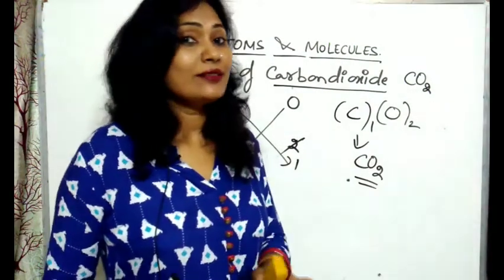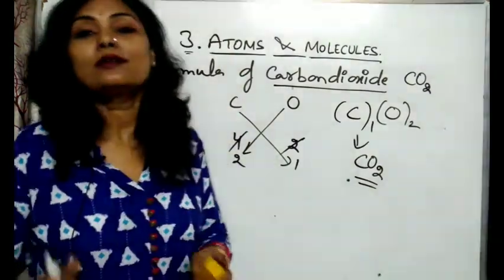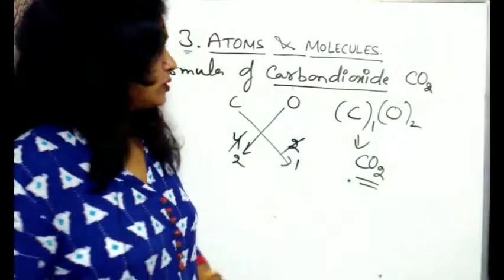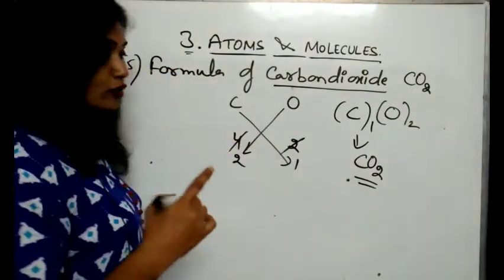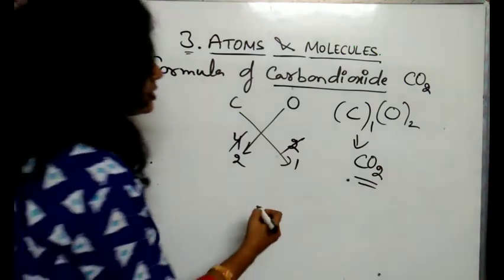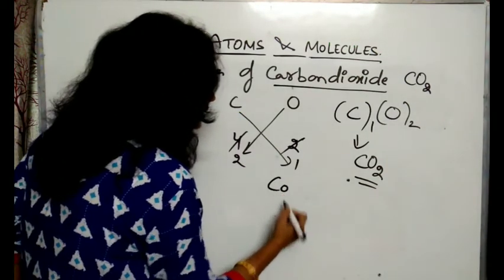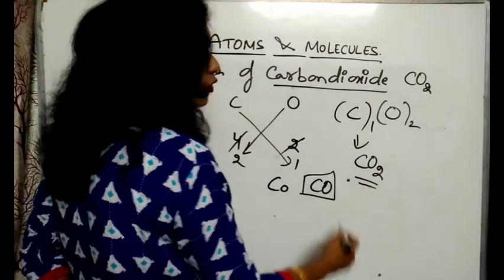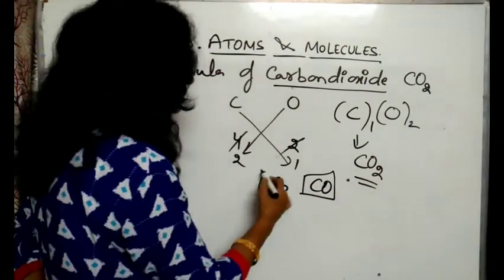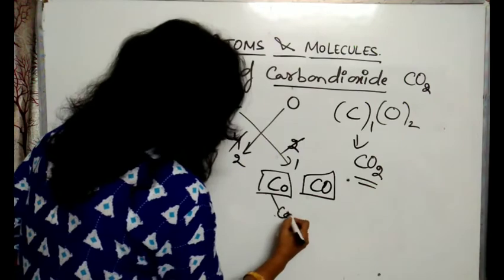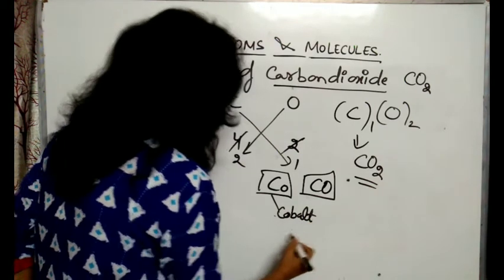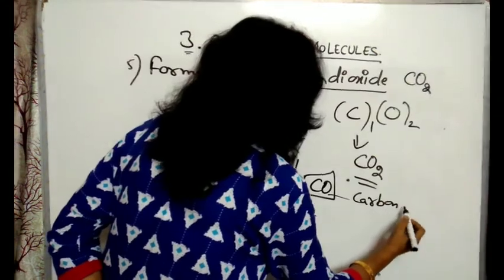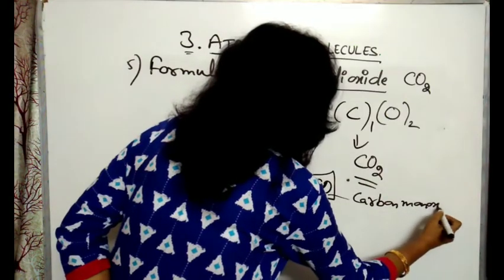Please remember that you should write both symbols, C and O, in capital letters. I have already explained that if you write Co, that is the symbol of cobalt, and CO is carbon monoxide.